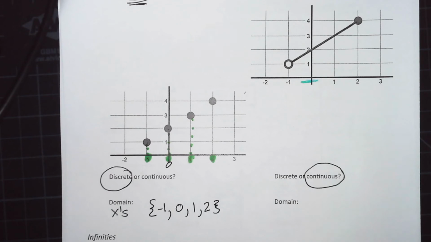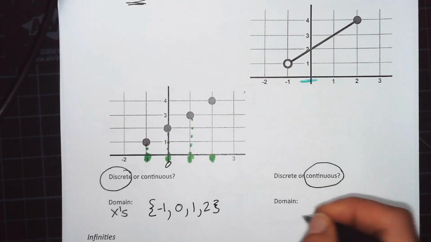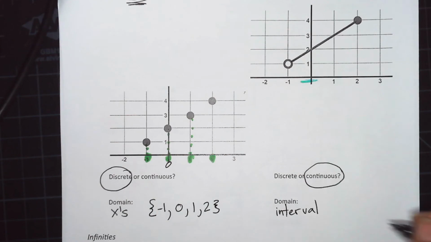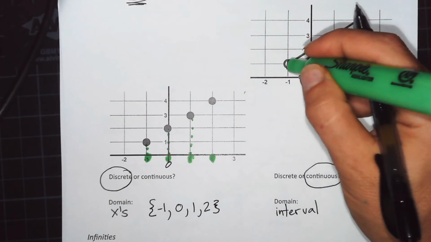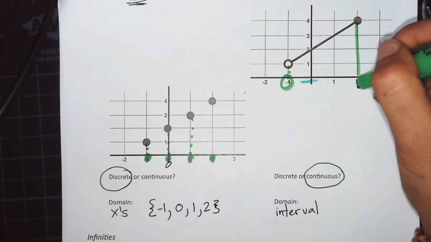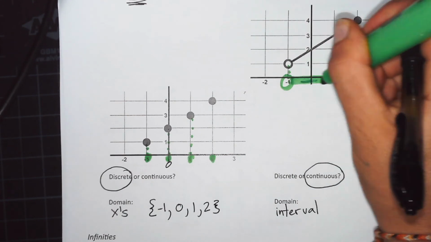When it's continuous, that's when we can use interval notation or inequality notation. So in interval notation, remember we're asking ourselves how far to the left. The farthest the graph goes to the left is -1. How far to the right? The farthest to the right is +2, and everything in between.